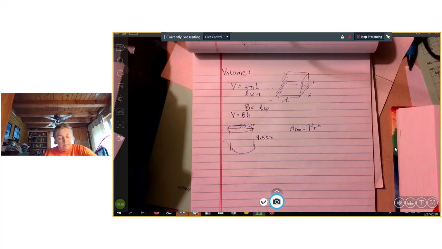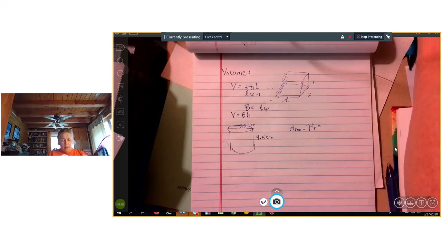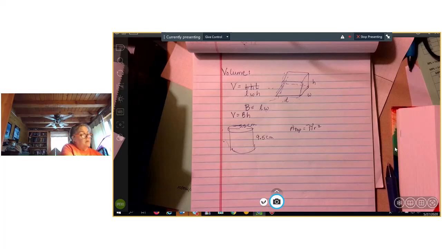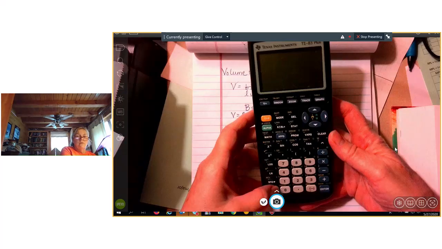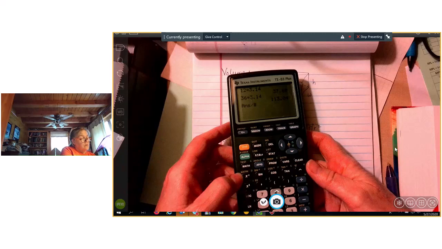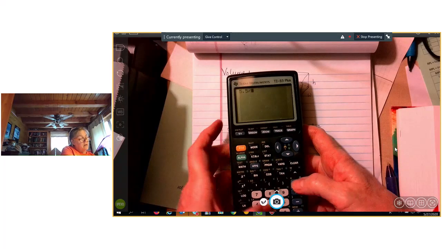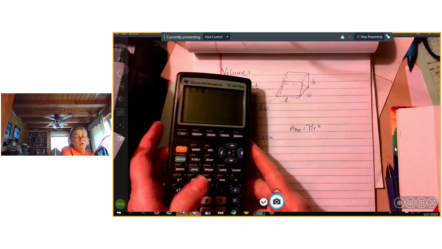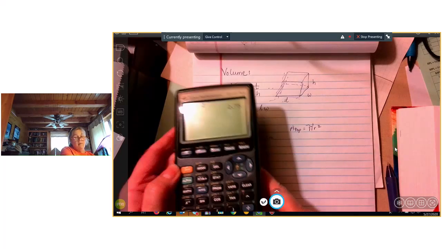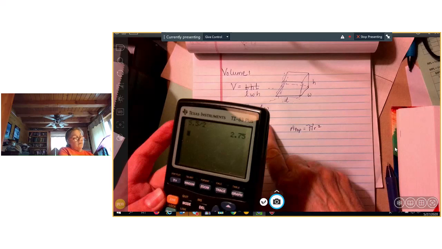So I'm going to take, putting on my glasses, 5.5 divided by 2, because remember the 5.5 is my diameter all the way across.